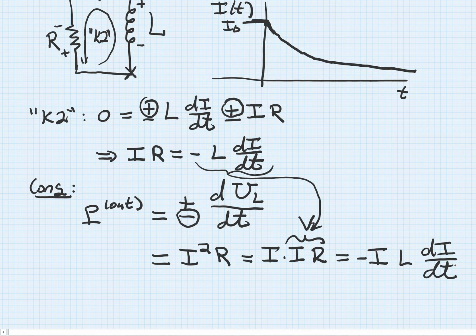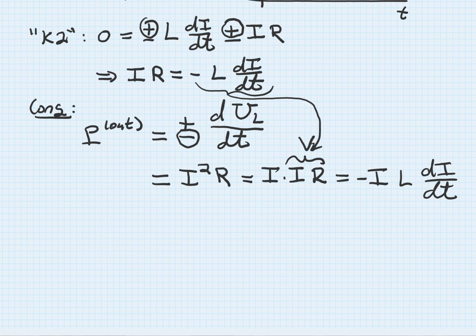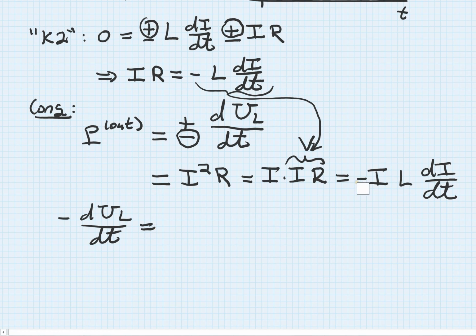And this is nice because when I put it all together, I can now equate the energy in the inductor to the changes in the current through the inductor. When I equate this term, I have minus dU/dt, the energy in the inductor, has to match, minus, so those minus signs will cancel, the inductance L times current I times di/dt. And of course, let's cancel out our minus signs.